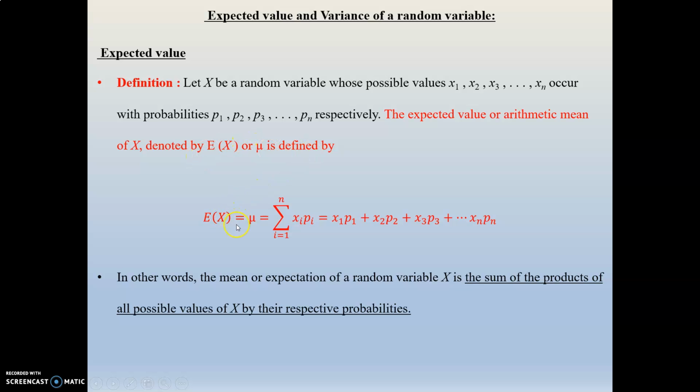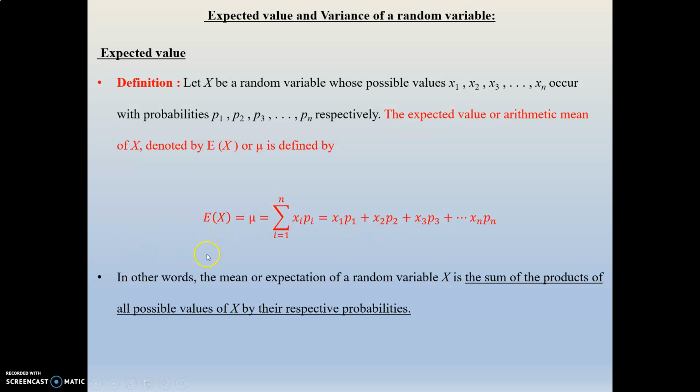Then the expected value or arithmetic mean of x, denoted by E of x or mu, is defined by expectation of x is equal to mu is equal to sigma from i equal to 1 to n of xi pi, which is x1 p1 plus x2 p2 plus etc., xn pn. So expectation of x is the product of all the xi and pi values and the summation of that, and it is denoted by mu.